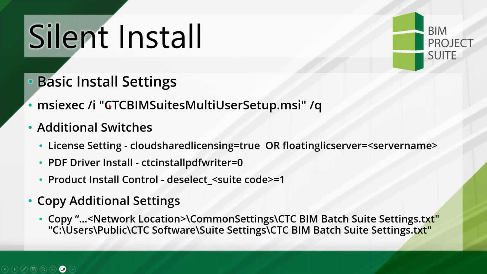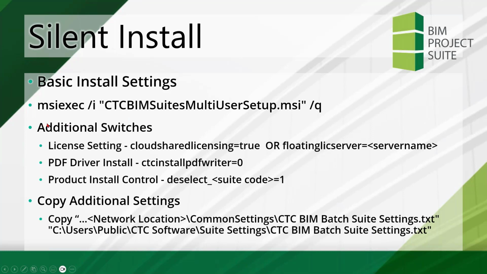Now, mine currently is set up to pull from a specific directory that I've set current, which is why you don't see the file path listed here. I didn't include this language at the top, but you'll see it when we do the example. But I've got the installer name, and then I've got a /q here to run quietly, so there won't be any interaction by the end users to run through this installer, okay?